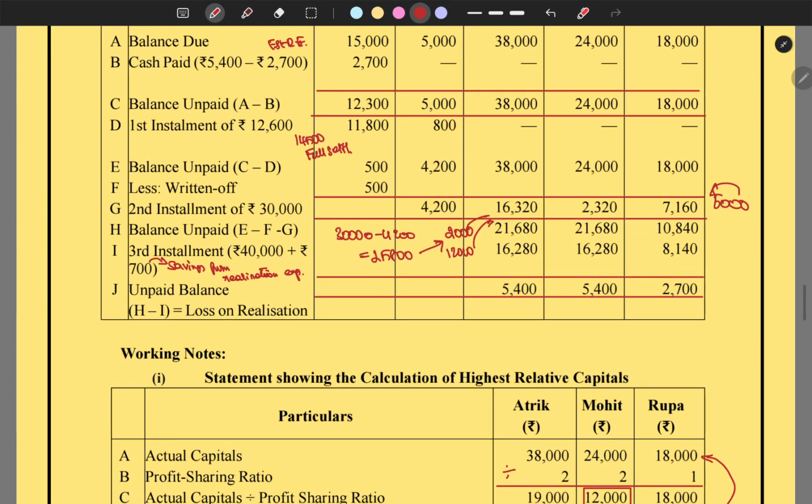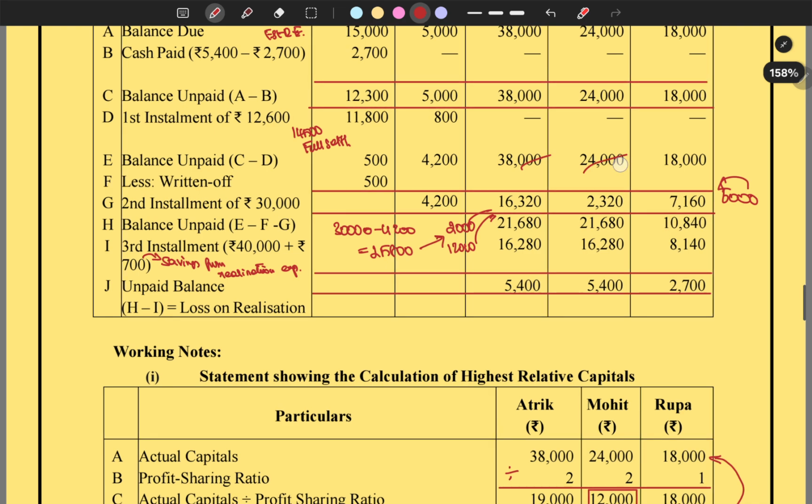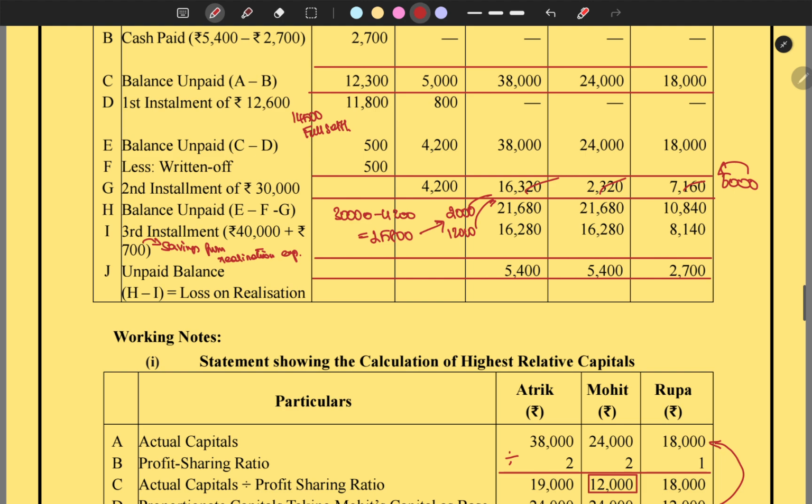All these have been done in the separate table, and we have arranged the values only here. So after deducting all the values, we have an unpaid balance of 21,680 and 10,840. You can easily understand that these are all in the PSR way.